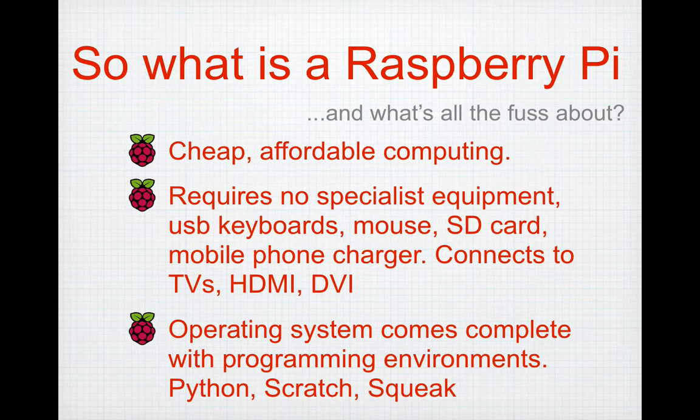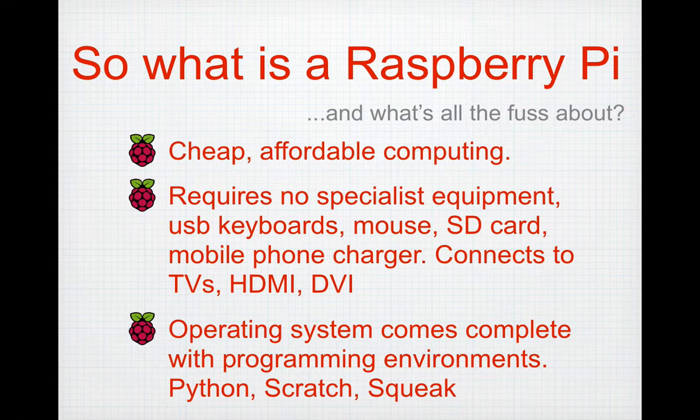It's quite a seductive computer. It's cheap, it's affordable and requires no specialist equipment. So USB keyboards, mouse, will already be in the household, quite likely. You'll probably be able to find an old mobile phone charger that you can use to power it. It connects to TVs via the HDMI connector or DVI connector to any modern computer screen.